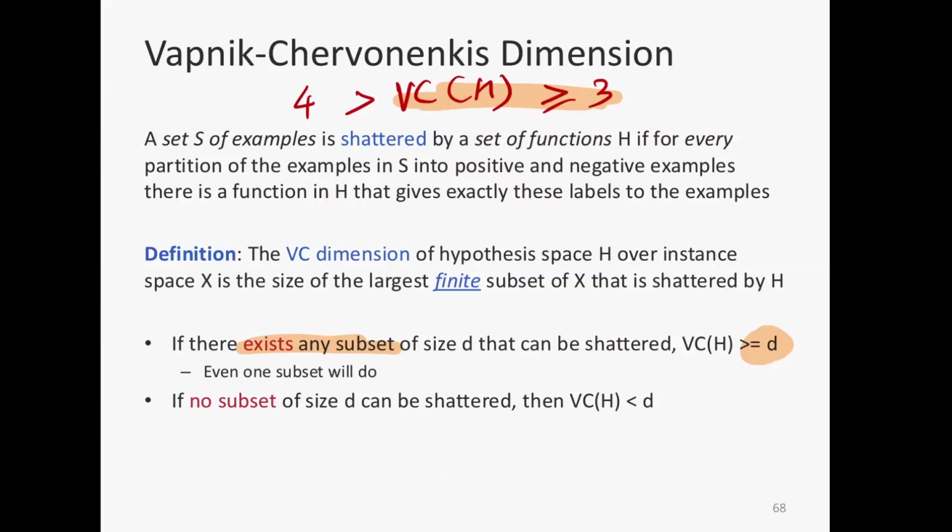In the 3-point case, there are some sets of 3 points that cannot be shattered when they are on a line, and there are some sets that can be shattered. Because we have at least one set that can be shattered, the VC dimension is at least 3 by definition.